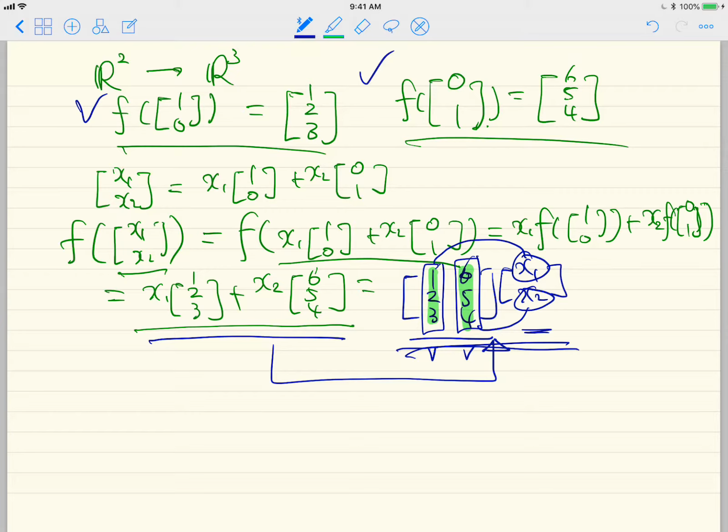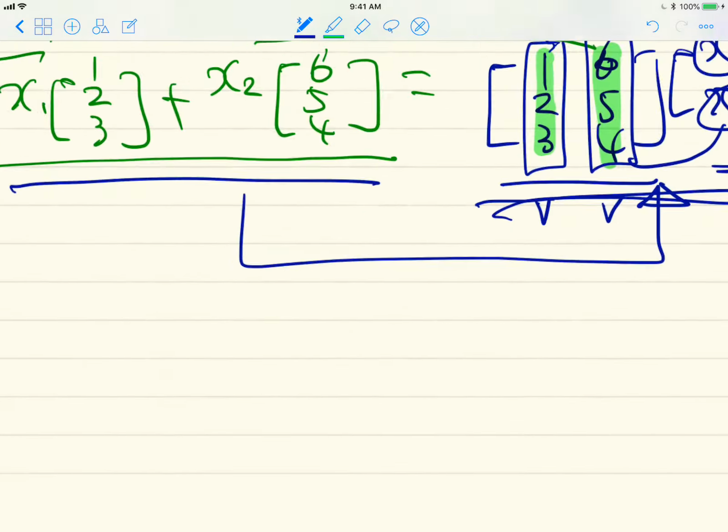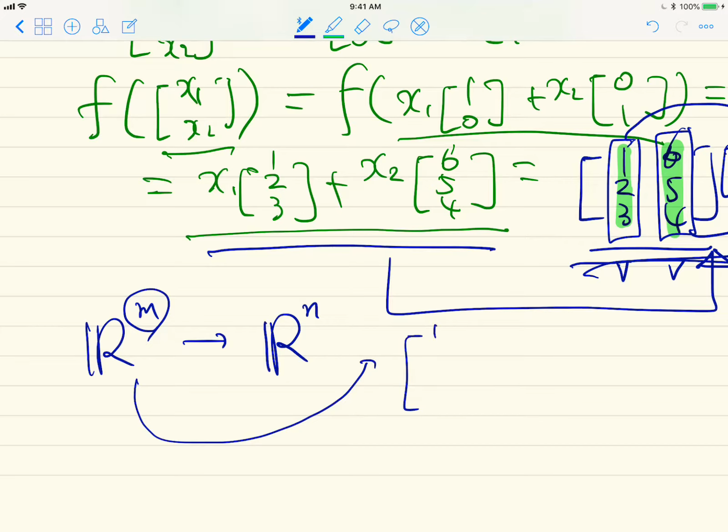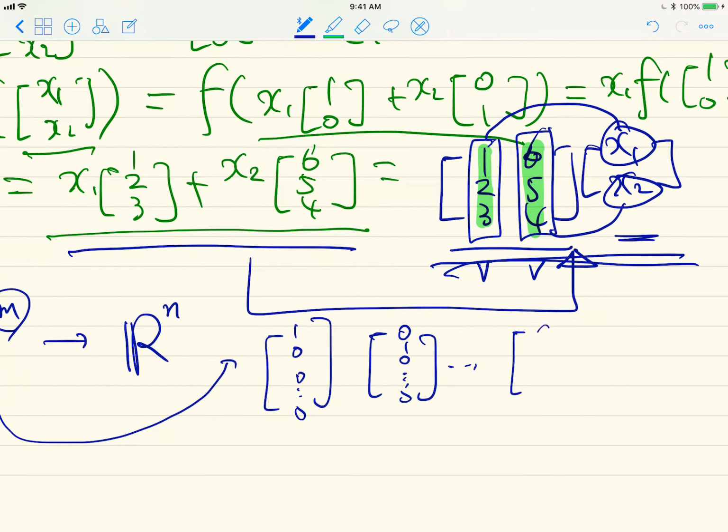if our function has the domain and the codomain as some vector spaces, in general, suppose your function is mapping an m-dimensional vector into an n-dimensional vector. In the case of an m-dimensional vector, we have (1, 0, ..., 0), (0, 1, ..., 0), up to (0, 0, ..., 1), right?